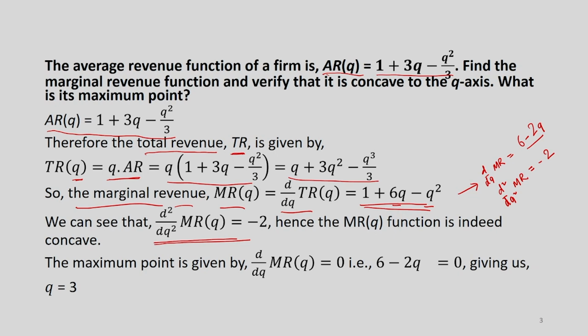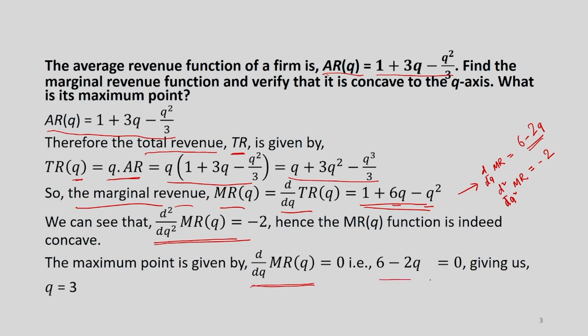And the last part, what is its maximum point? So if it is a concave function, it might have a maximum point, right? So how to find that? I take the first derivative of the marginal revenue function, set that equal to 0, and from that I'll get the stationary point. First derivative I have already found out, it is 6 minus 2Q.